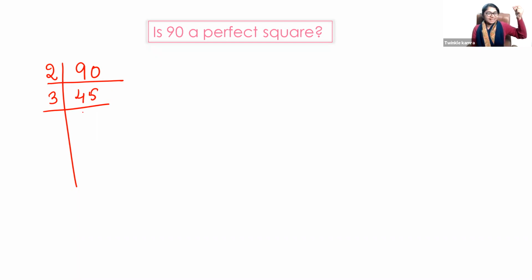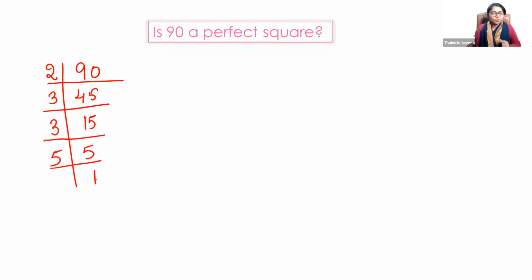Start from 2. Then 3, so I get 15. Then again it is divisible by 3. I get 5, then again 5, and then I get 1. We are done. So 90 is equal to 2 into 3 into 3 into 5.